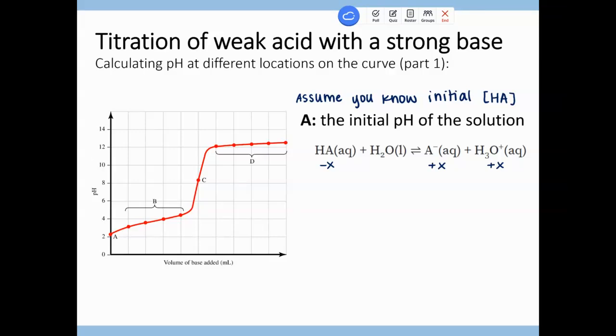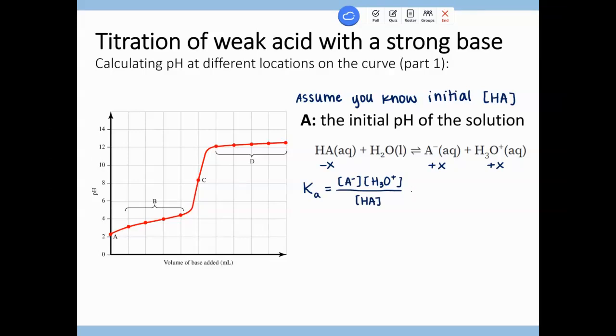At equilibrium, the K, which in this case, since an acid is added to solution, is Ka, would be the A- concentration times the H3O+ concentration over the HA concentration.